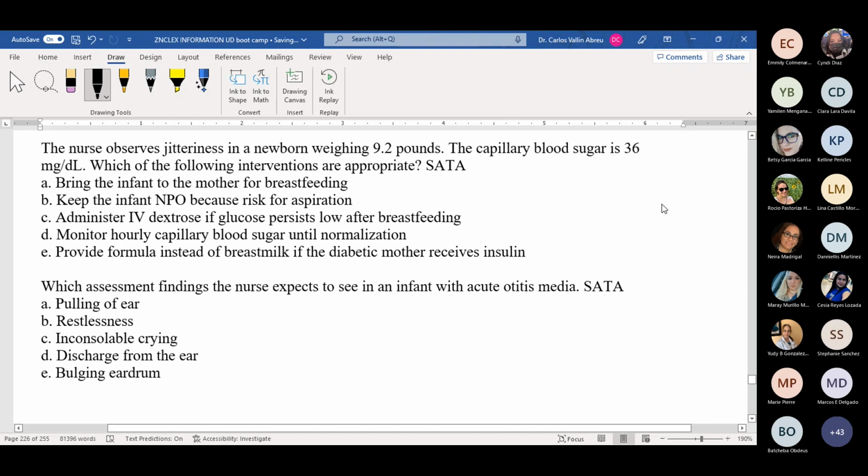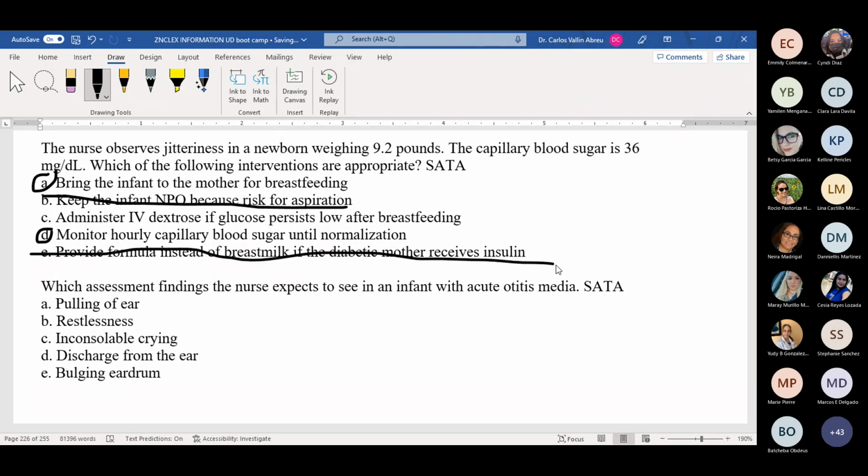On that question, what would be the answer? We were discussing that A and D without doubt were correct. B was incorrect. E was incorrect. So cancel those and pass to the next.